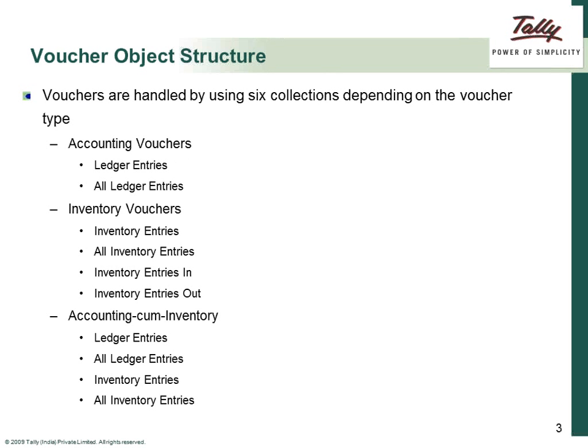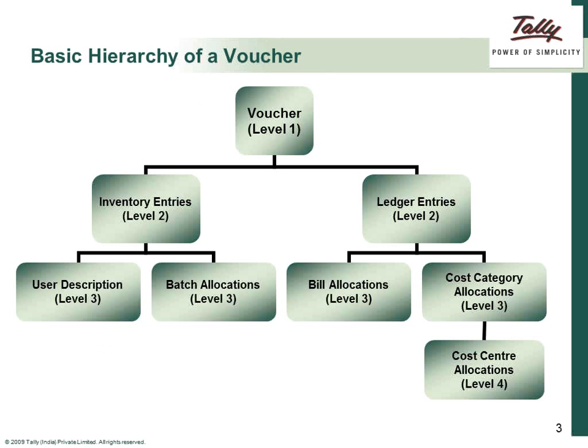Inventory vouchers will have inventory entries, all inventory entries, inventory entries in and inventory entries out. And then the accounting cum inventory will have ledger entries, all ledger entries, inventory entries and all inventory entries. So these are the sub-collections that each voucher object structure will carry. And this is how a basic structure of a voucher will look.